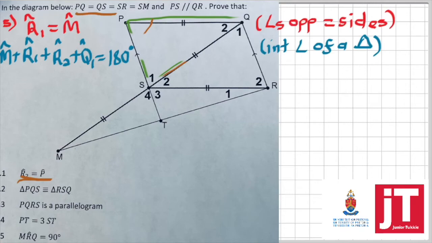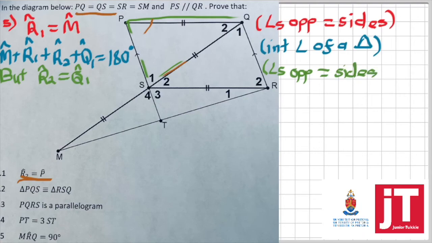But we know that R2 is equal to Q1. We know that R2 is equal to Q1, obviously that's angles opposite equal sides. And if that is the case, we know that 2R1 plus 2R2 must give us 180 degrees.